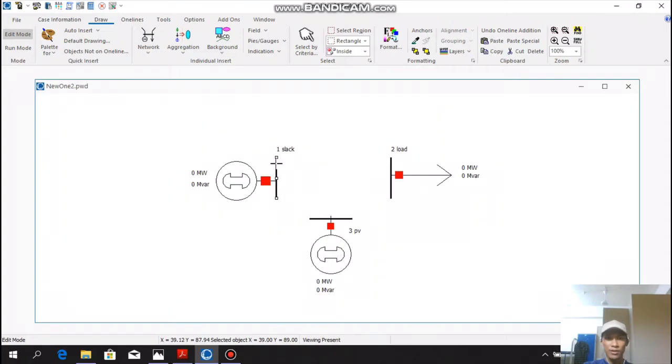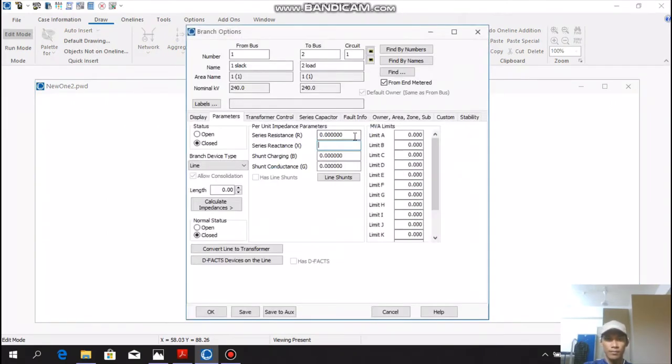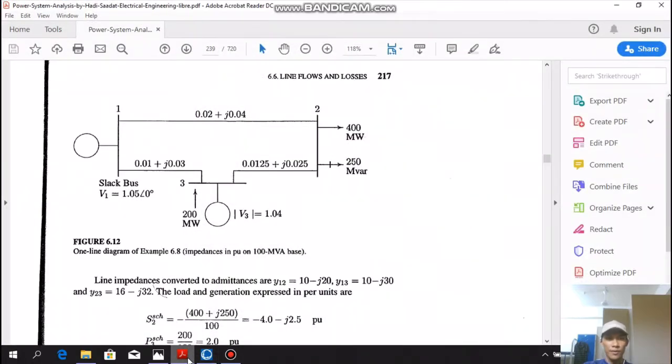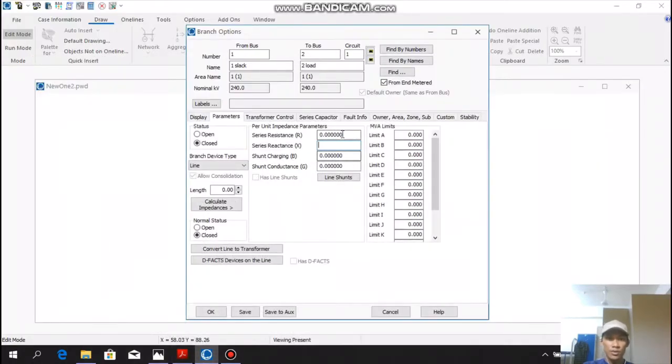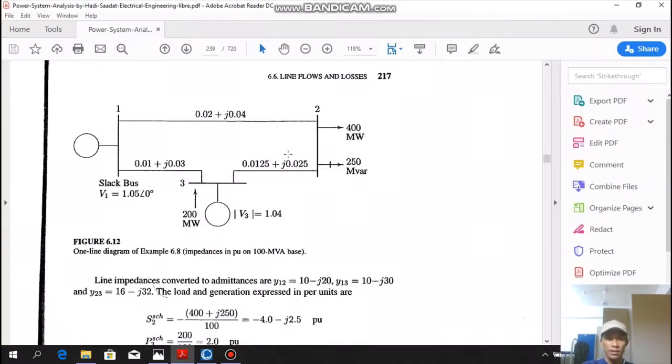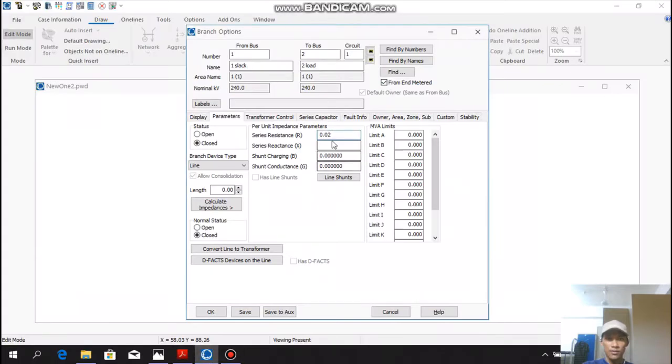Transmission line 1 to 2, the resistance and the reactance are 0.02 and 0.04.